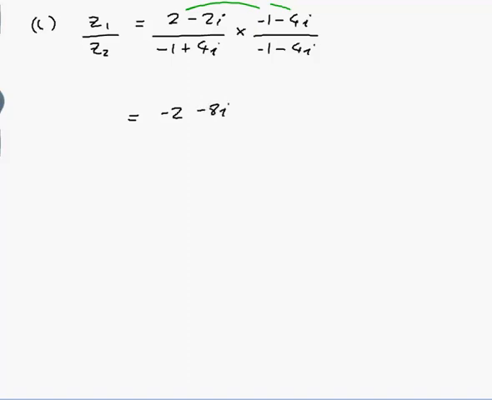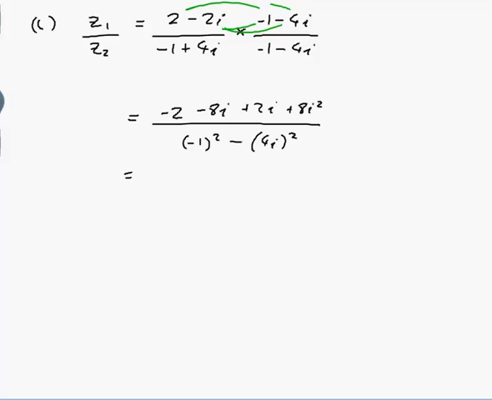Minus 2i times minus 1 would be plus 2i, and minus 2i times minus 4i would be plus 8i squared, over, well, that's the difference of two squares. I have minus 1 plus 4i times minus 1 minus 4i, so that will give me minus 1 squared minus 4i squared.